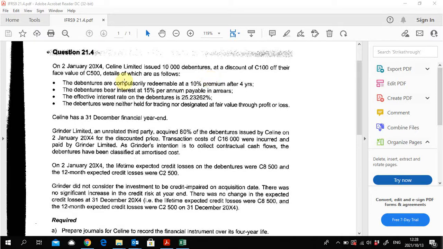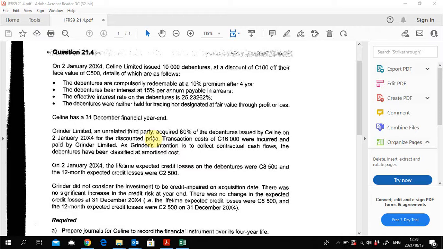So now for Grindr, these debentures are a financial asset. And they say that this was done on 2 January at the discounted price. The transaction cost was 16,000 Rand, and this was incurred by Grindr. So now we have some fees that need to be covered. We know because it's a financial asset, we are working with a calculation where the present value is increased.